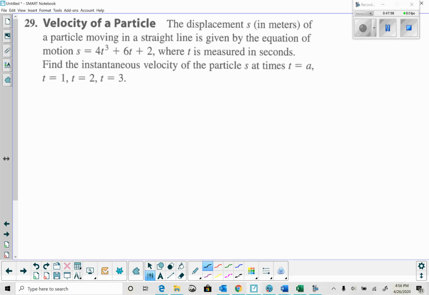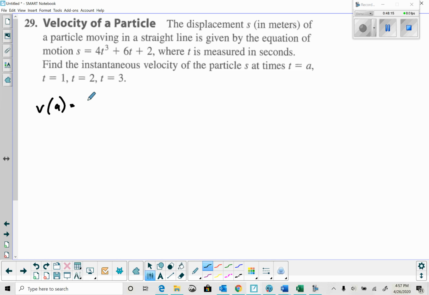So the velocity of the particle as a function of a, we're looking for numbers. We want the instantaneous velocity. We want a number to describe how fast this particle is moving at a particular moment in time.